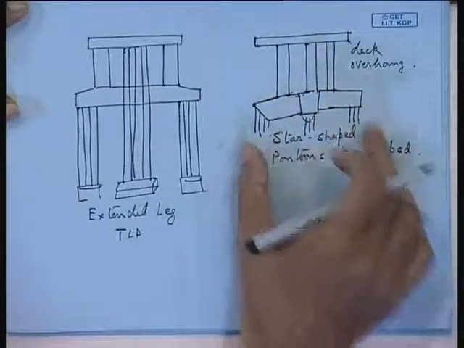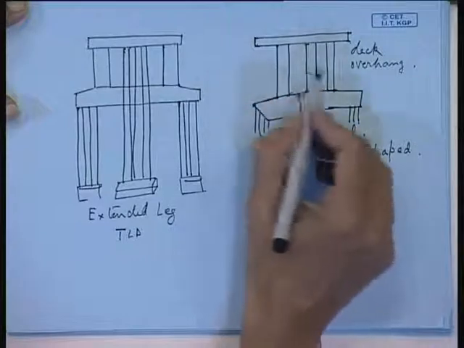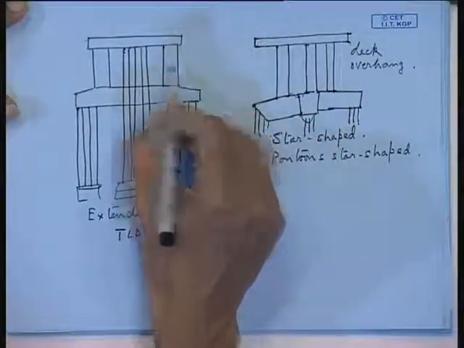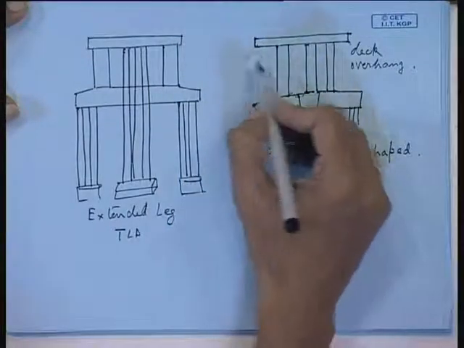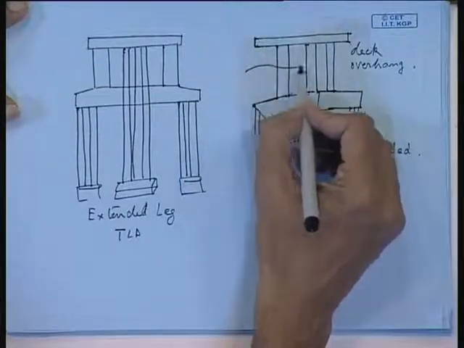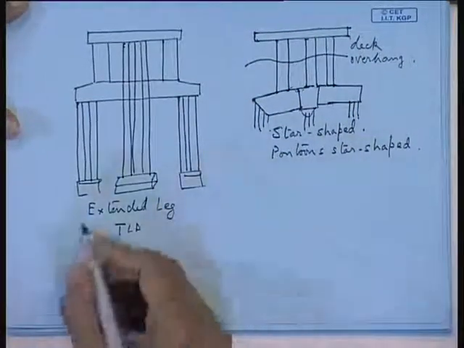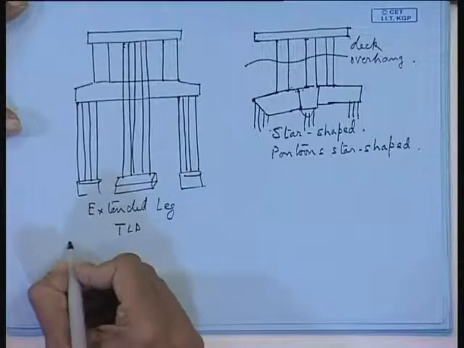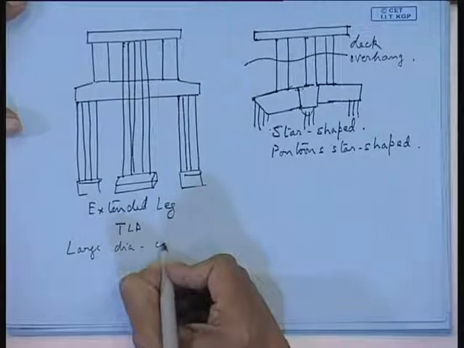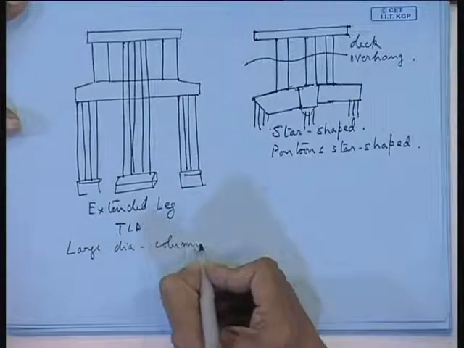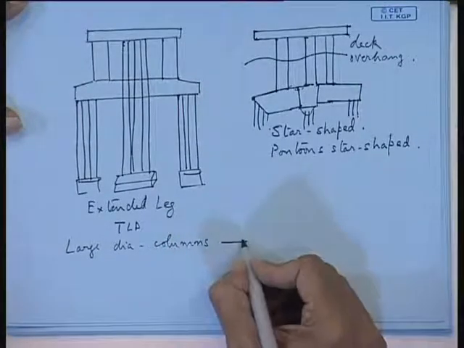Now, the basic thing he has done is, here you can see the columns are much more slender than this type of 4 column arrangement. So, he has reduced the wave load. So, the main design will be centered around this: large diameter columns have an inherent weakness, that is increased wave load.